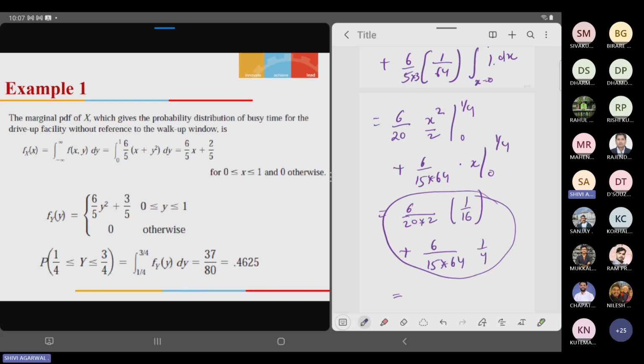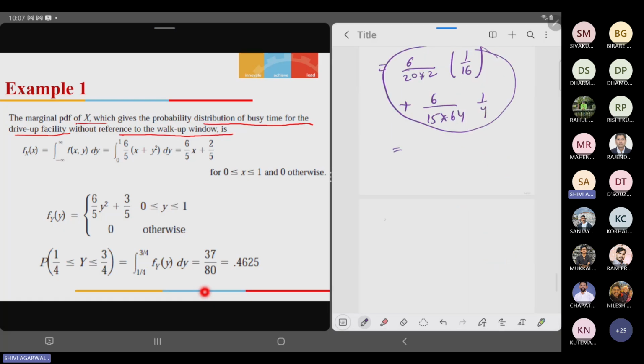Now we have to find the marginal of X, which gives the probability distribution of busy time for the drive-up facility without reference to the walk-up window. So fX of x is the integral over y from minus infinity to infinity, but y varies from 0 to 1, otherwise it is 0.